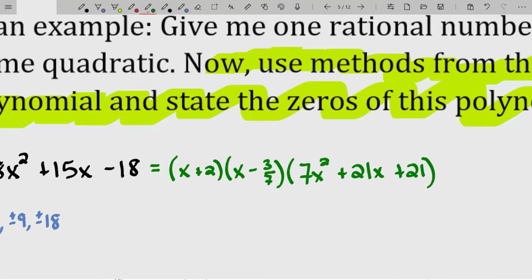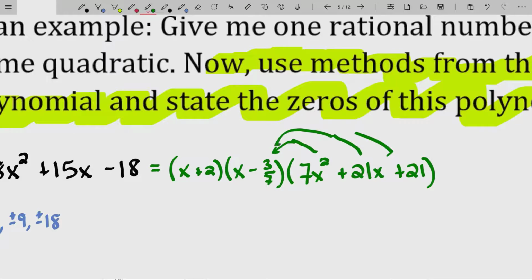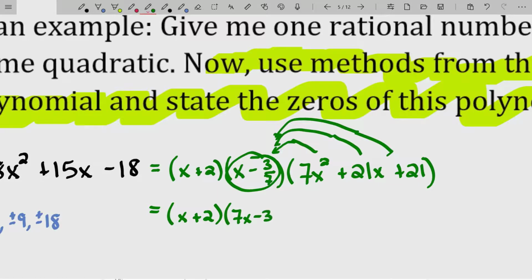Because if you factor a 7, notice those all have a 7 in common. If you factor a 7 out of each of these and park it, instead of parking it out front, if you just move it into this factor here to where it multiplies both objects by a 7, you'll get this. X plus 2. 7x minus 3, and then now you have an x squared plus 3x plus 3.